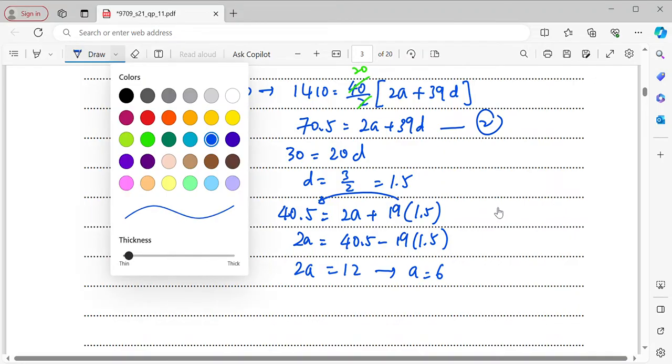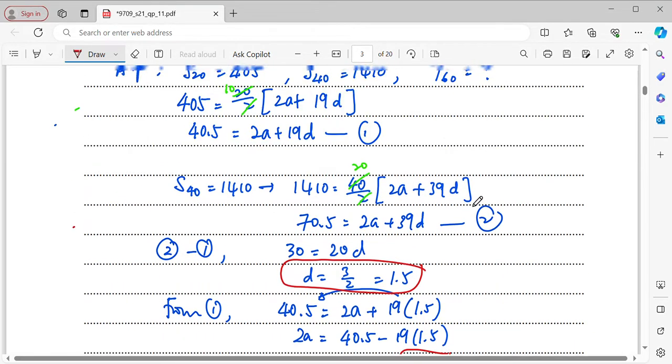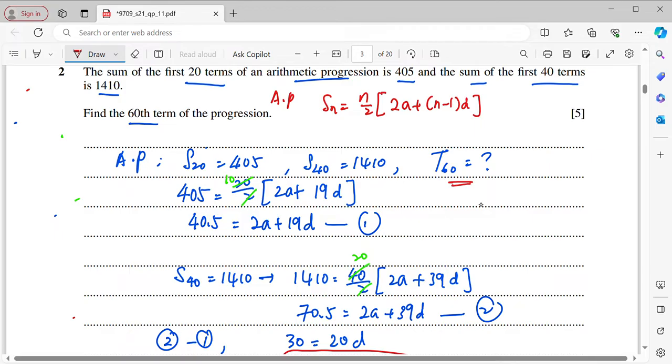Once we have found the a and d, now we need to calculate what is our T60. The formula is Tn equals a plus (n minus 1)d. This is the Tn formula, which means the nth term.